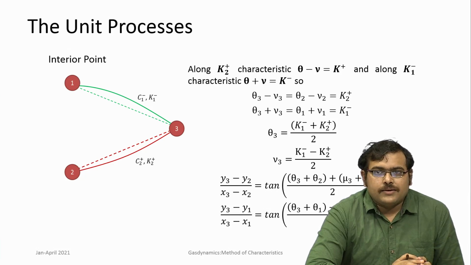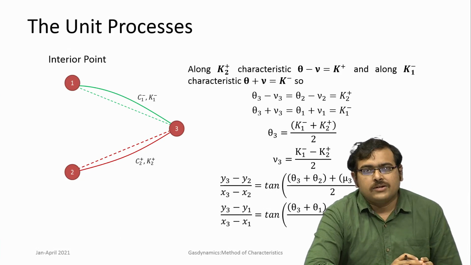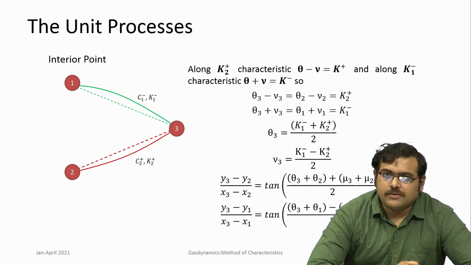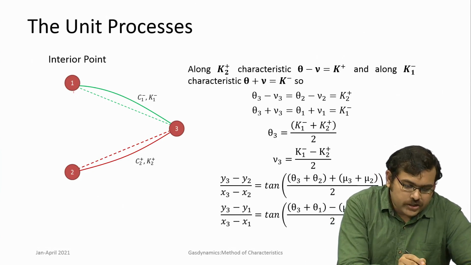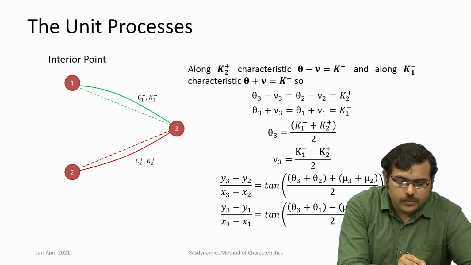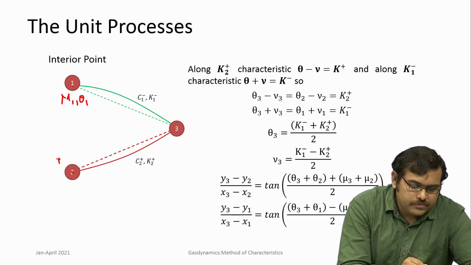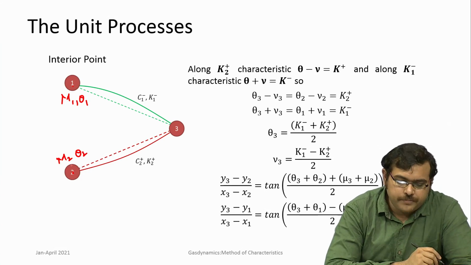Then how do we solve the equations? How do we get the Mach number and the location of this particular point? So, let us take two points which we know, point 1 and 2. We know the values, say M1, theta 1 and M2, theta 2, these are known to us already.